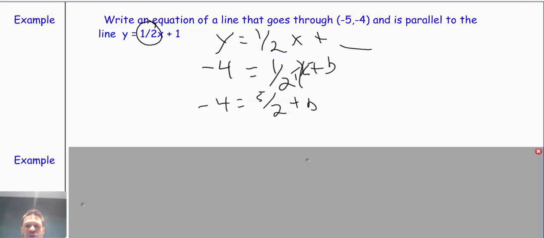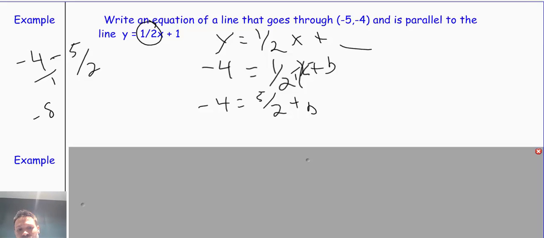Now I have to take -4 and subtract 5 over 2. So I need a common denominator. I've got -4 minus 5 over 2. My common denominator is going to be 2, so I multiply top and bottom by 2 in order to get that.